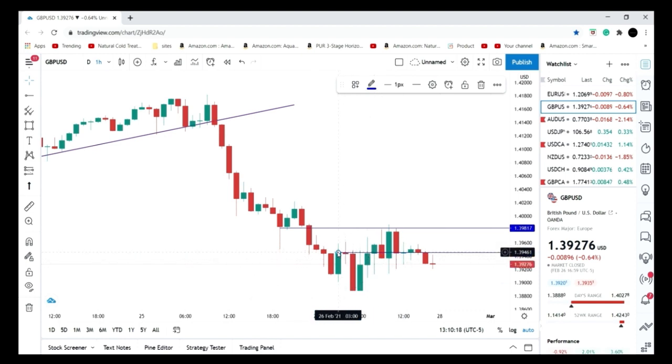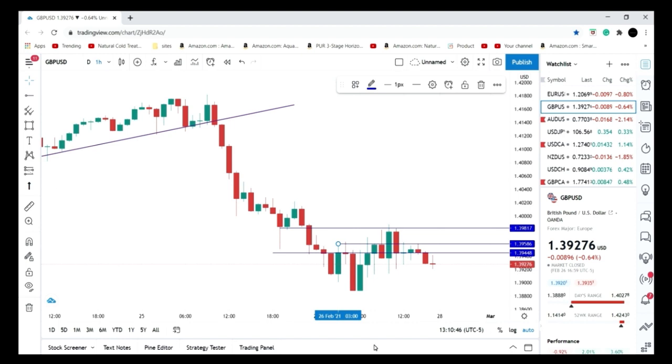So this next level will be around here, and this level right here lined up pretty much close to this swing low. So I didn't really need two levels because it's pretty much the same area. And then I had another one at this swing high right here, at the close of the body and at the high of the body.